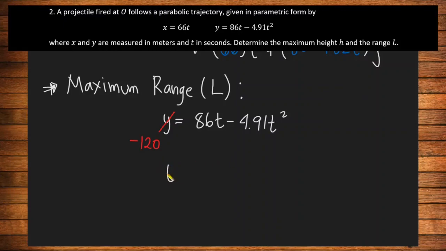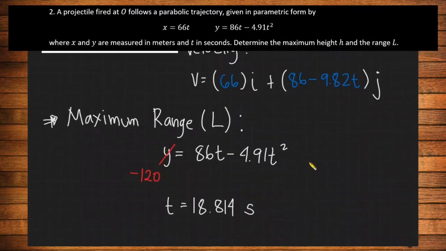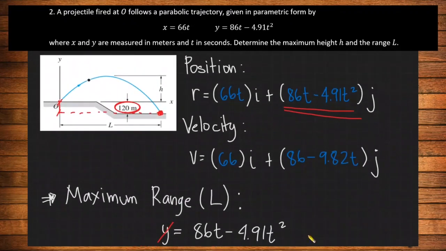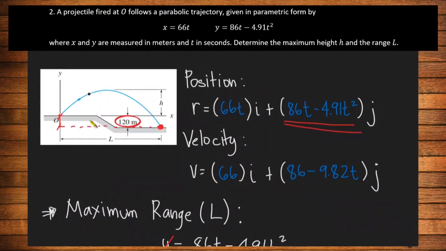And then if we solve for t, again, since this is a quadratic equation, dalawang values yung makukuha mo. So kunin lang natin yung positive value. So that will be equal to 18.814 seconds. Ibig sabihin, it will take 18.814 seconds for our projectile to reach its maximum range. So to solve for the actual distance L, ang gagamitin naman natin ngayon is yung x component ng position vector natin.